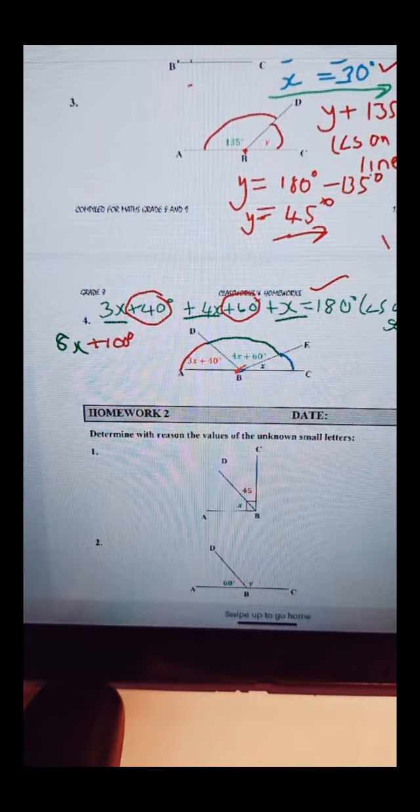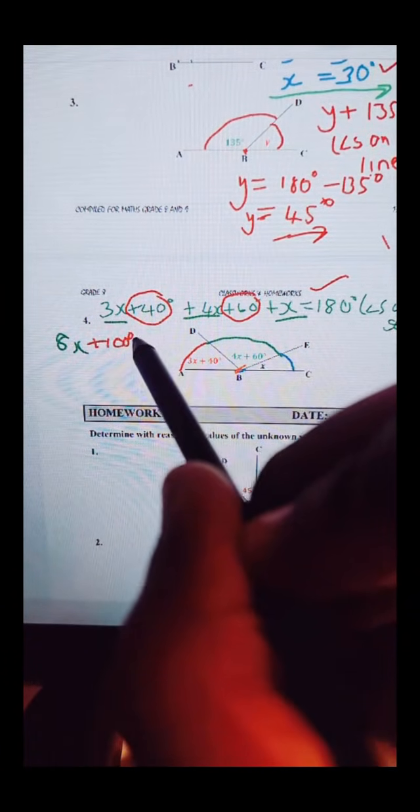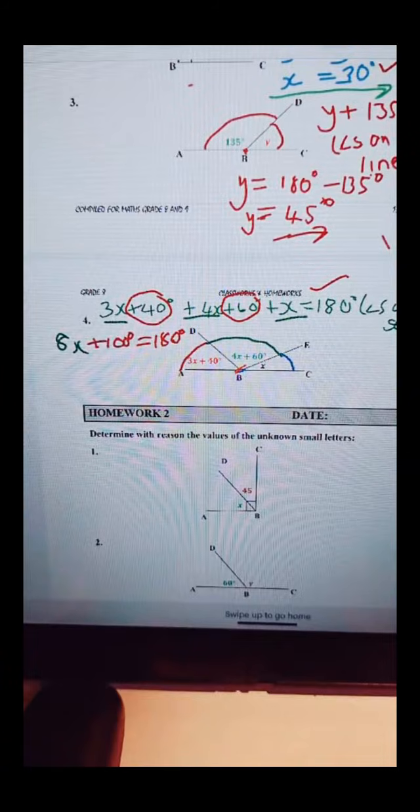Yes, that's 100 degrees. Very good. That is all equal to 180 degrees. Okay.